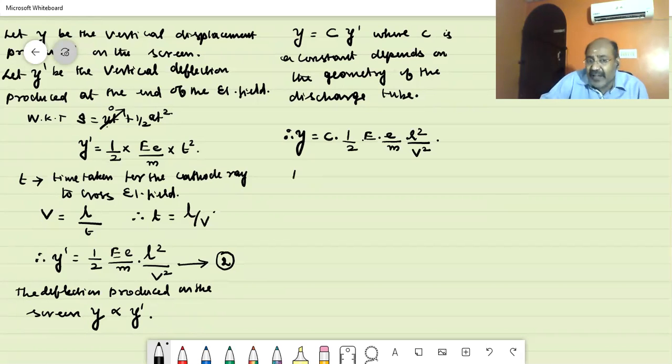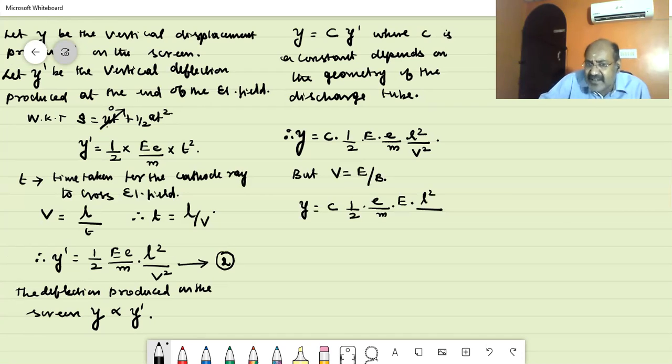We know that velocity V is equal to E divided by B. Substituting, we get y is equal to C into 1 by 2 into E divided by M into capital E into L square divided by V square, which is E square by B square.